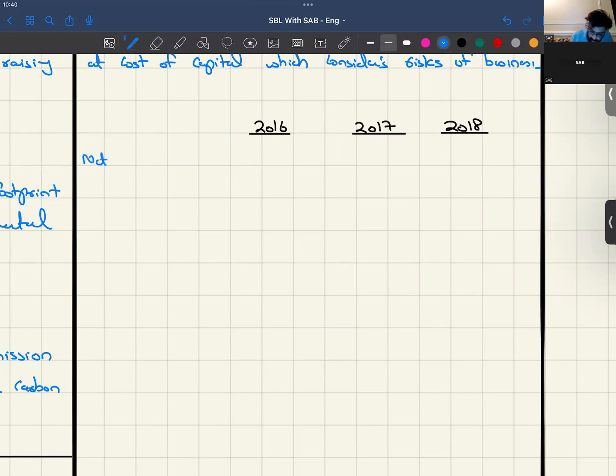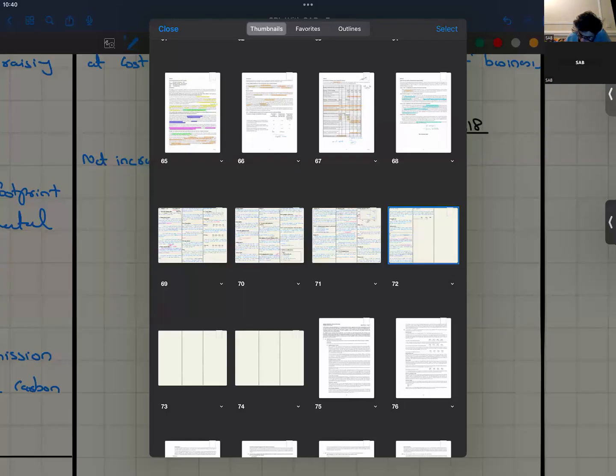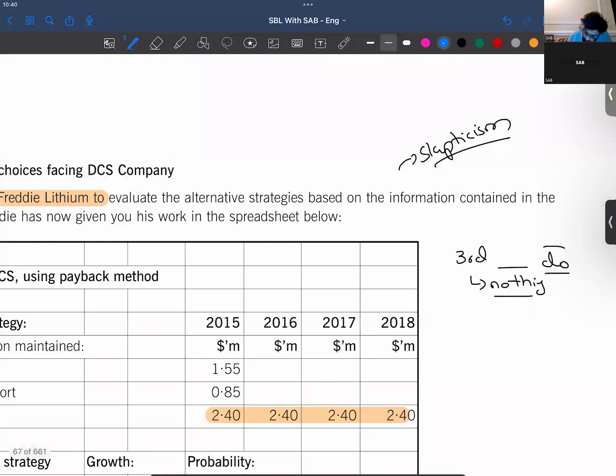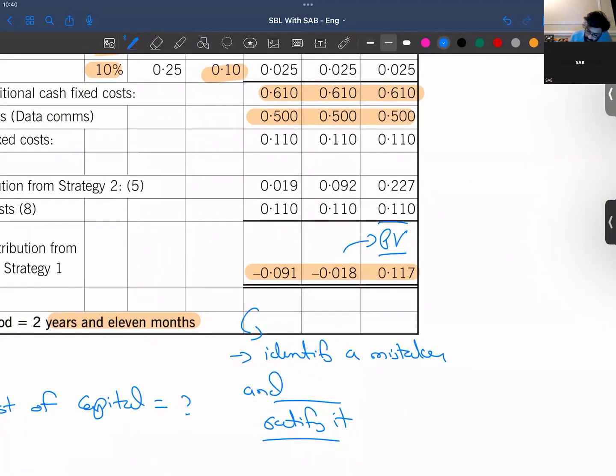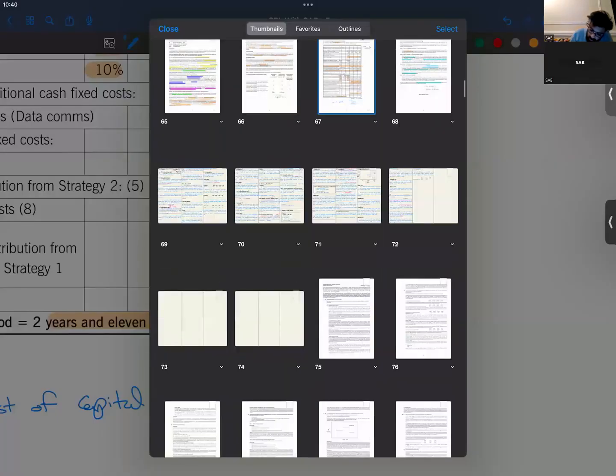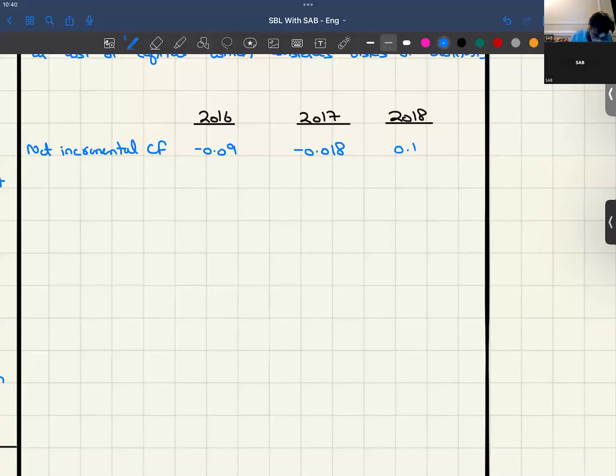So the net incremental cash flow is minus 0.09, minus 0.018, and what was next? It's 0.117, right? So now the discount factor, I would say the formula is 1 over (1 plus r) raised to power n.